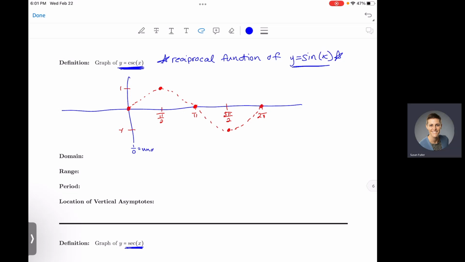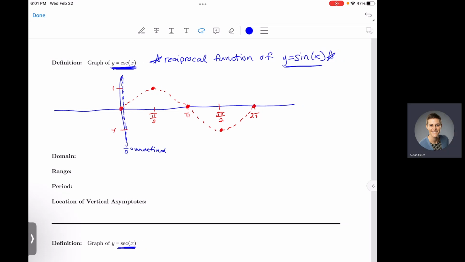Well, that's undefined. That is not a number. So on the graph of cosecant, there is not going to be a y value when x equals 0. This is actually going to be a vertical asymptote. Cosecant has a vertical asymptote at x equals 0.